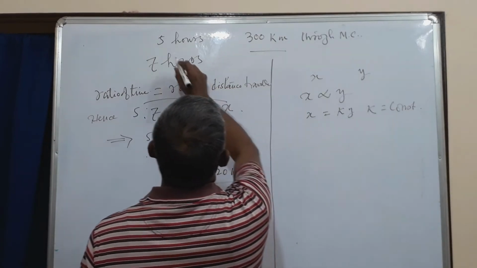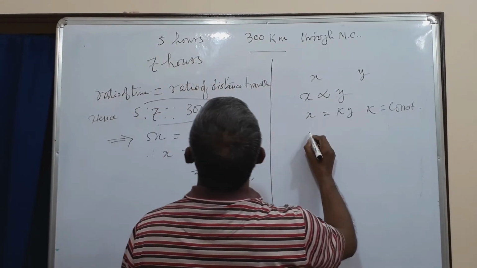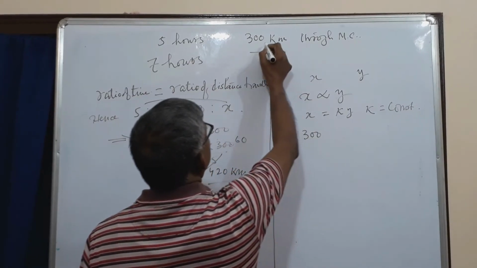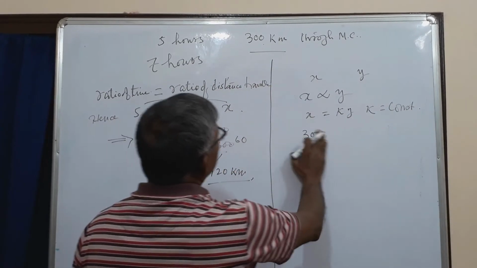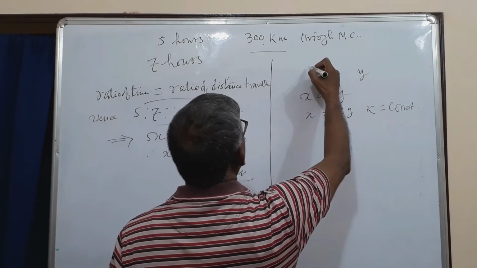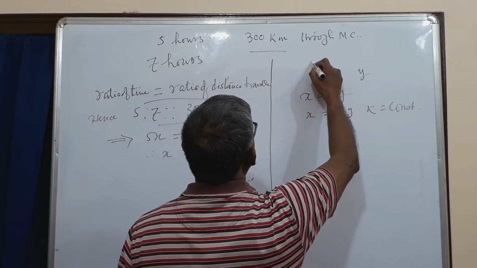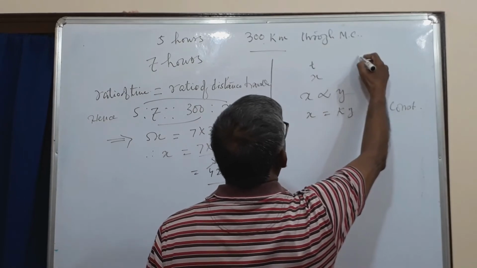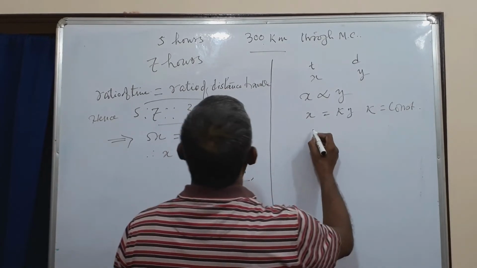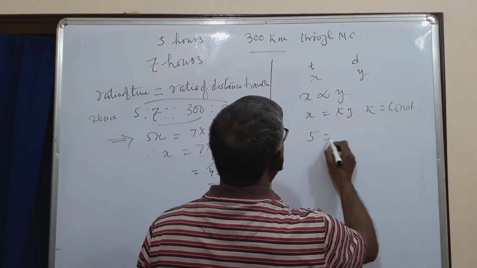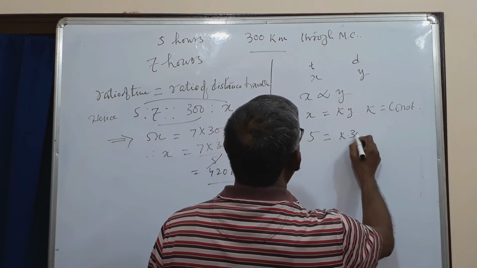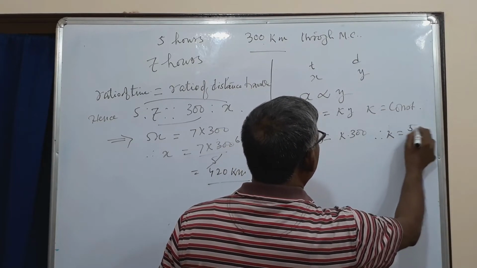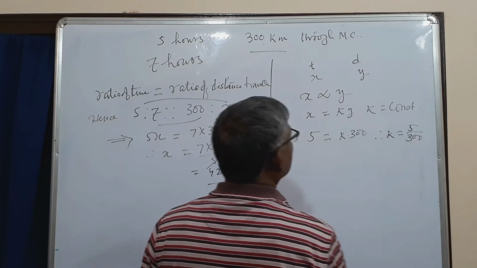Let us put x as time in hours and y as distance. So here 5 equals k into 300. Therefore k equals 5 by 300.